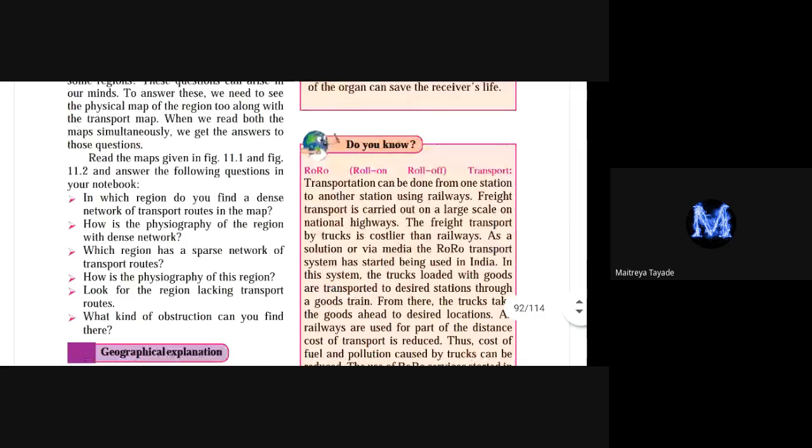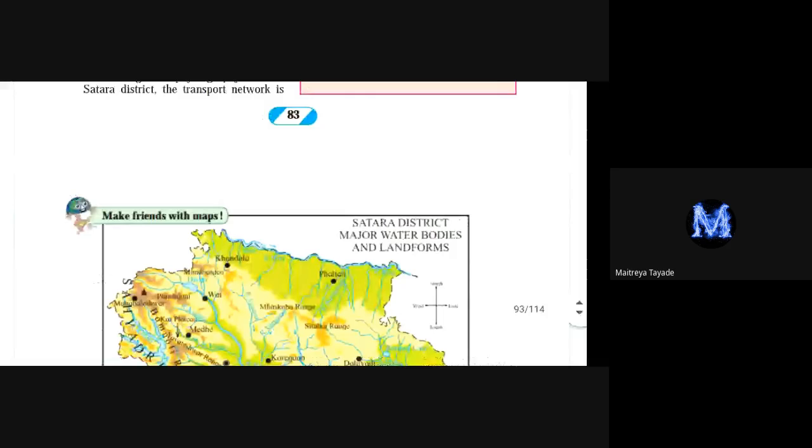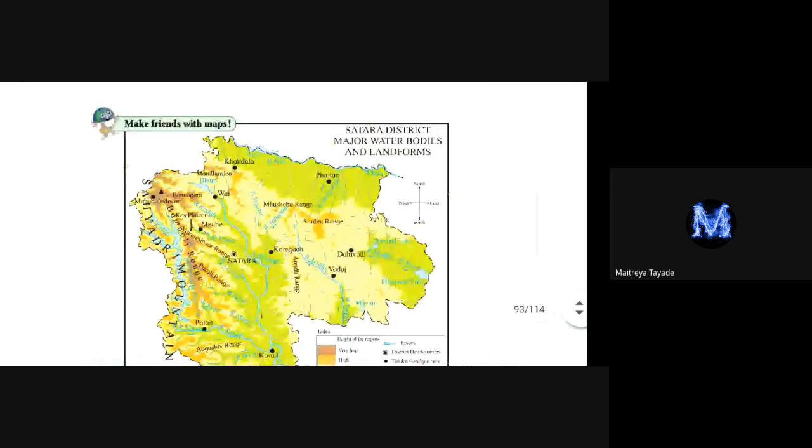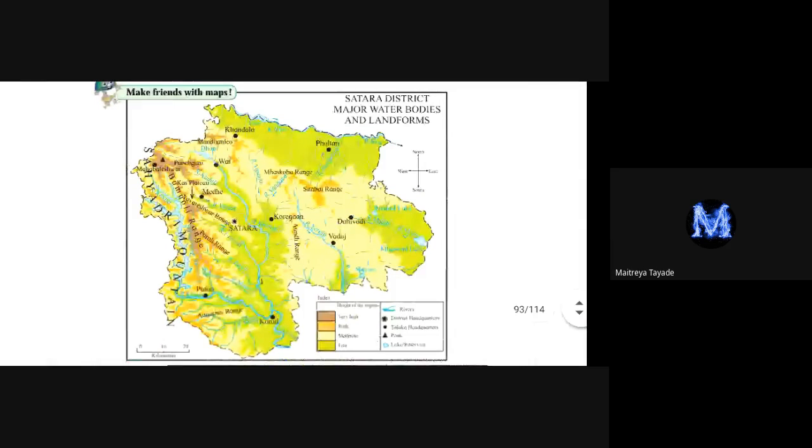Read the maps given in figure 11.1 and figure 11.2 and answer the following questions in your notebook. Here is 11.1. This is the Satara district map showing major water bodies and landforms, so basically this is the physical map of Satara district.